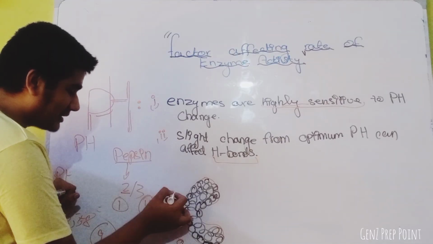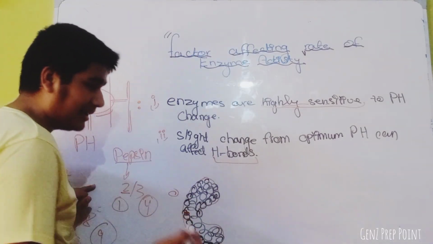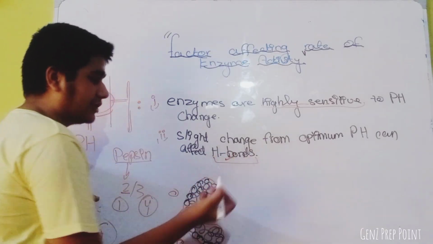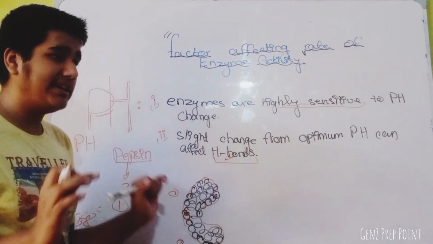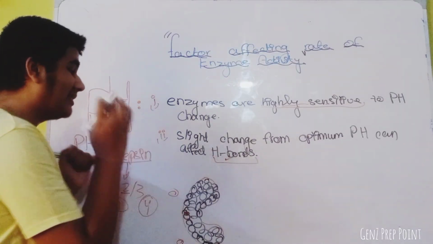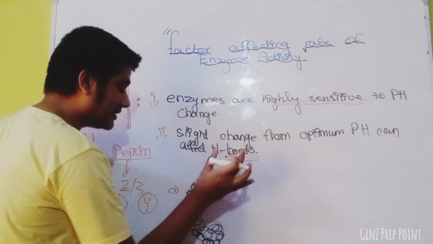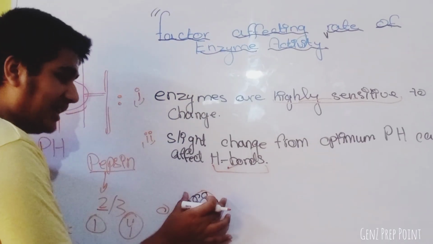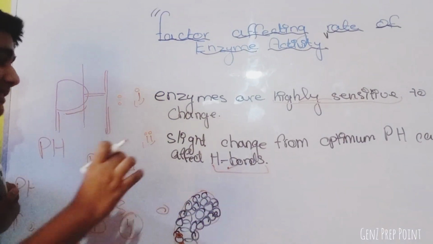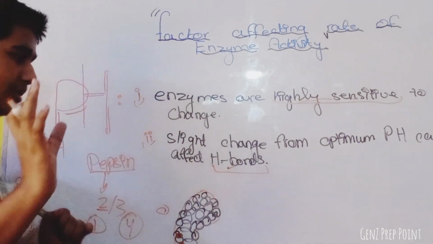Why is this molecule here and not there? Why are they sticking together? Because of the hydrogen bonds. I won't go deep into the detail of how a hydrogen bond is formed. Just memorize: hydrogen bonds are the bonds between the protein molecules inside the enzyme that keep the enzyme molecules together.